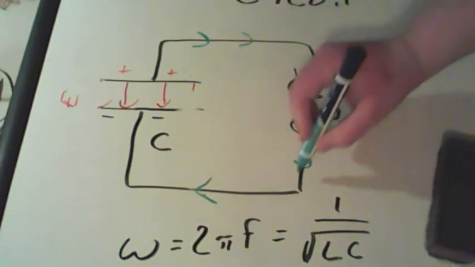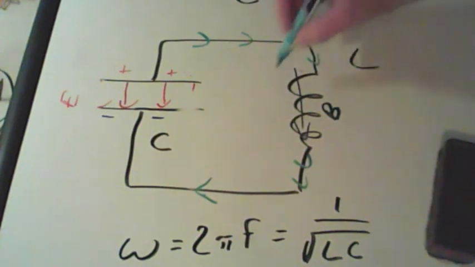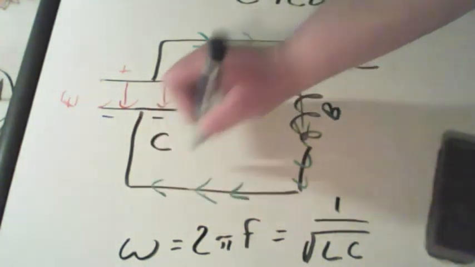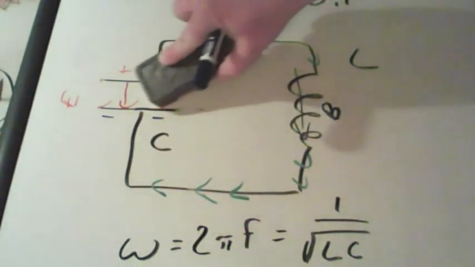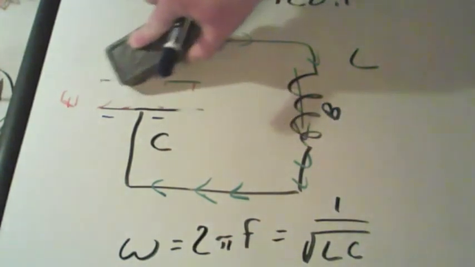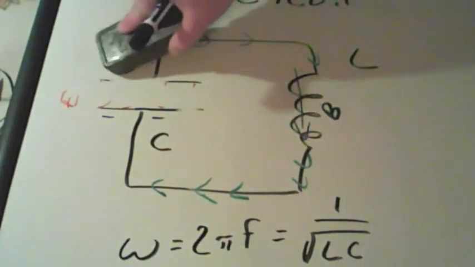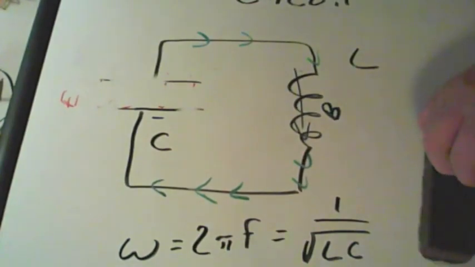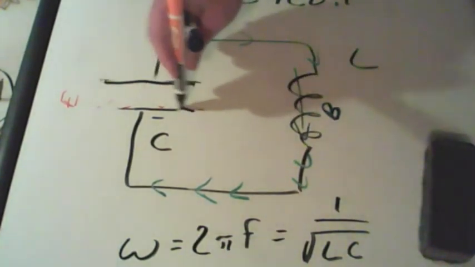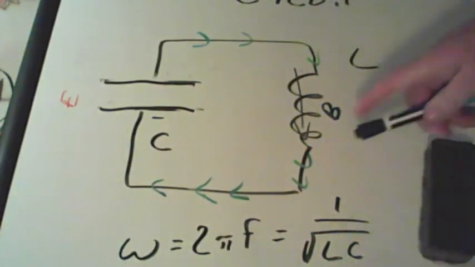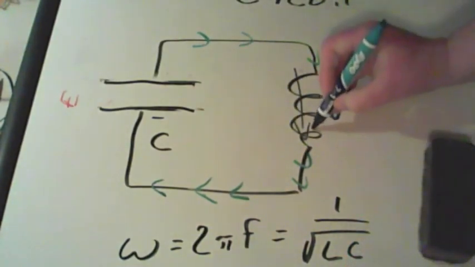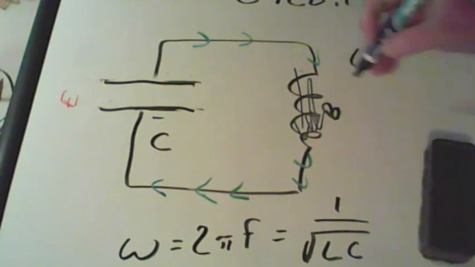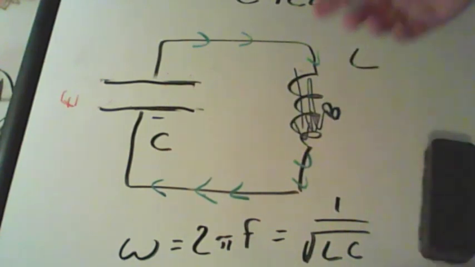So for at least an instant, current will reach a maximum value as the capacitor becomes completely discharged. Capacitor's completely discharged and the magnetic field reaches a maximum. Kind of like what we saw with the mass on the spring and the pendulum.